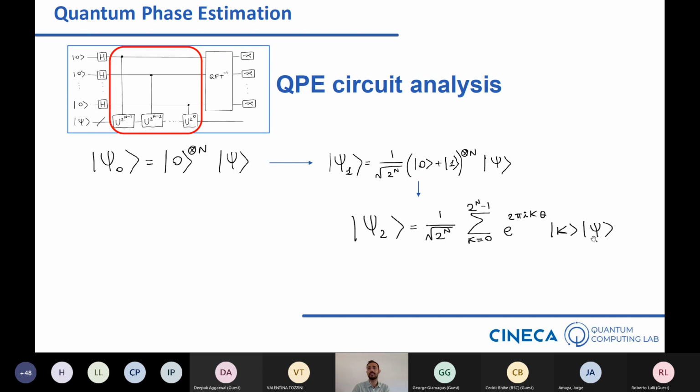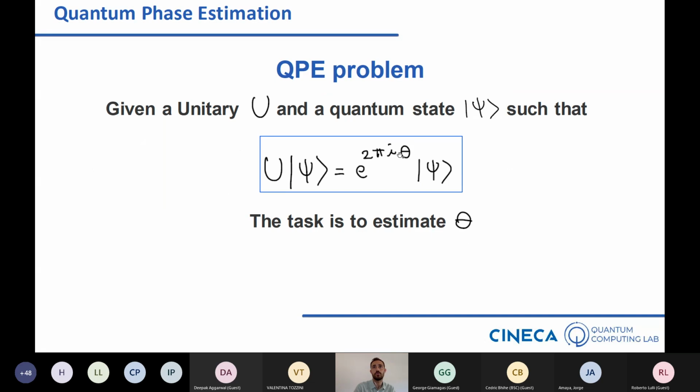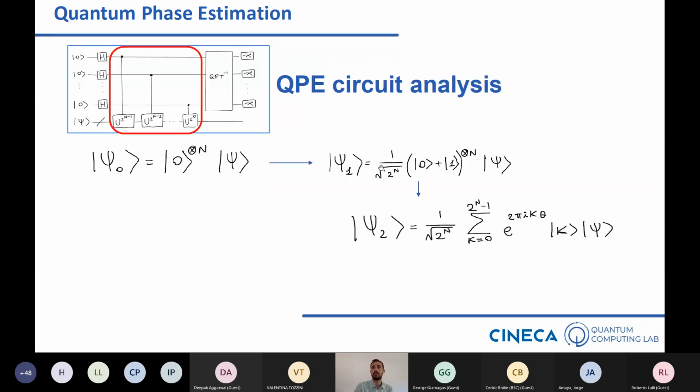At the end you get some state that is left unchanged, and with a phase kickback you get a property of the last register into the first register. The property here is the theta, the fact that U applied to psi gives you this term, which is what appears here also.